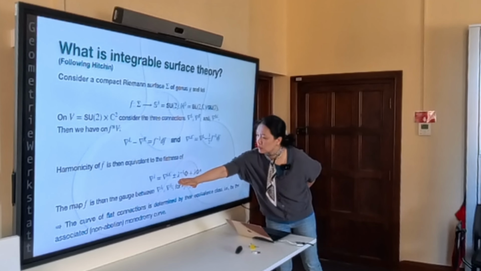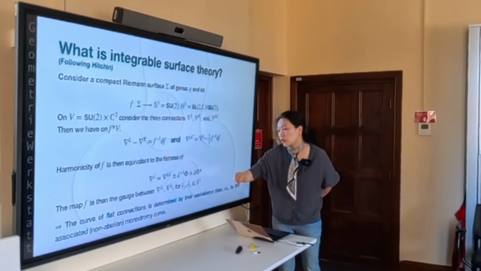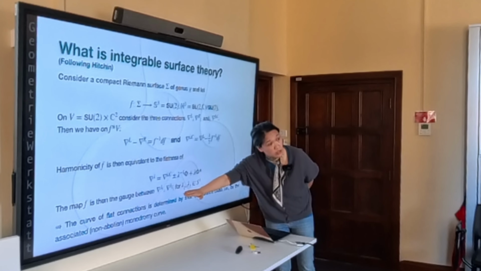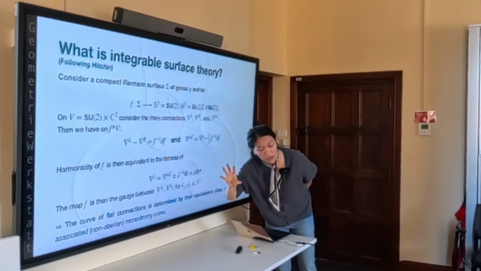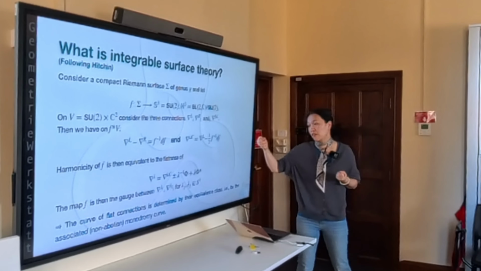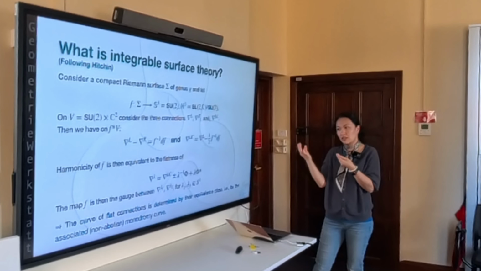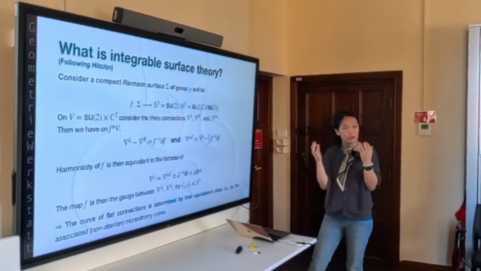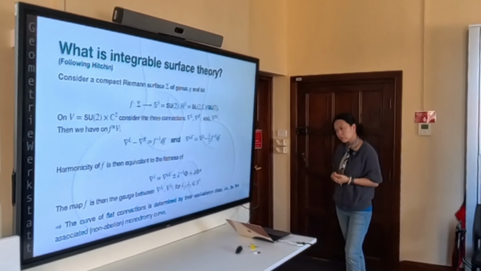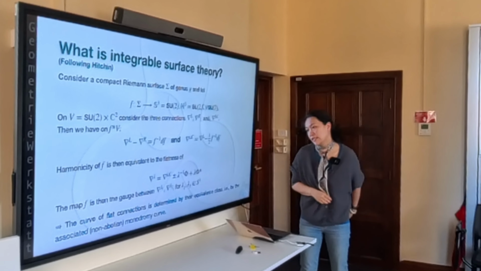But the second is that it's unitary along the unit circle. And the third is that it needs to be trivial at two points. So we need very good control on the monodromy problem of my family of flat connections. And when you have high genus surfaces, this becomes quite complicated because the fundamental group is non-abelian. Okay, so we have these conditions to solve.